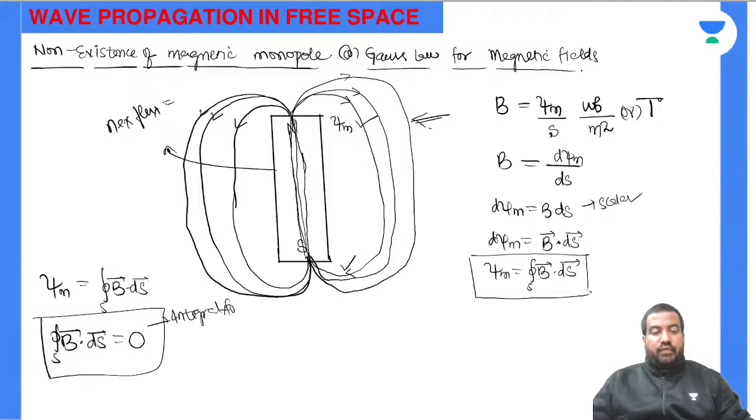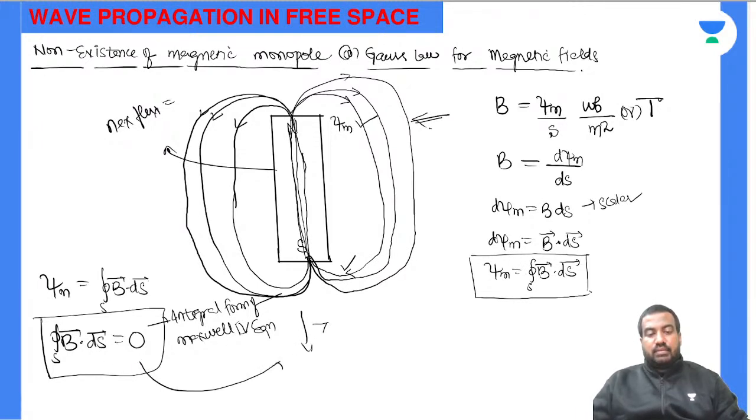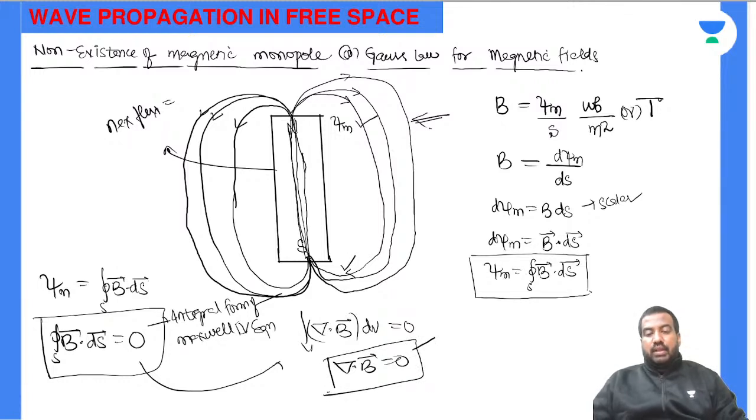It's called integral form of Maxwell fourth equation for static fields. Applying divergence on LHS, volume integral of del dot B is 0, implies del dot B is equal to 0. Divergence of magnetic flux density is 0. Therefore, B is divergence-less.